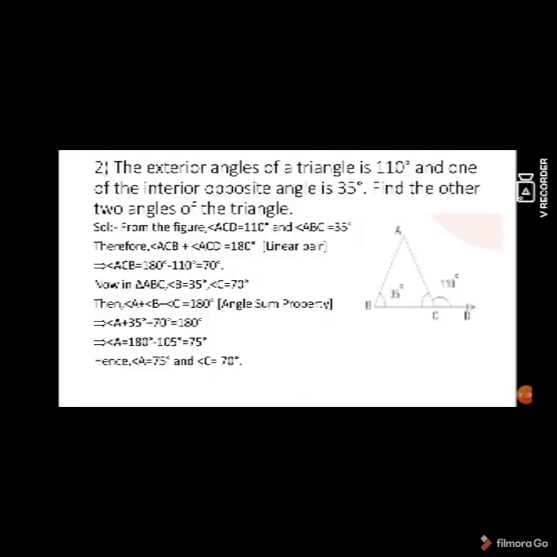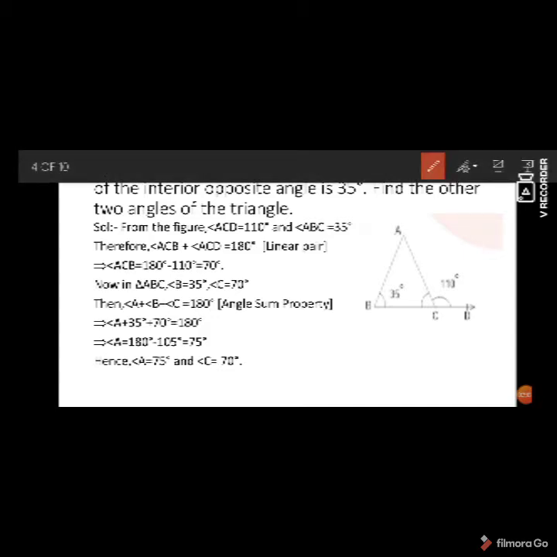Now the next sum, number 2, says the exterior angle of a triangle is 110 degrees and one of the interior opposite angles is 35 degrees. Find the other 2 angles of the triangle. That means we have to find angle A and angle C. So from the given figure, we will write ACD is equal to 110 and ABC is equal to 35 degrees.